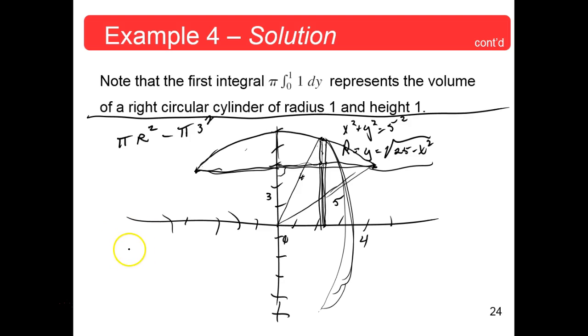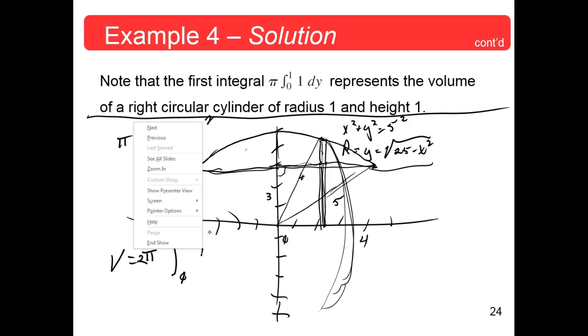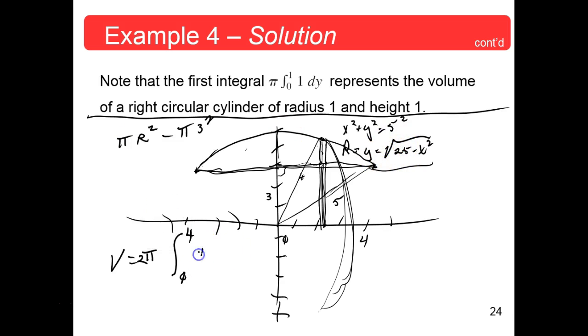So that should be our volume, okay? The volume should be pi, just like it always was, integral from 0 to 4. Oh, let's make it 2 pi because we're going to double this. Okay, 2 pi, 0 to 4. I keep wanting to write the pi again. You don't need to write the pi again. Here's your radius, and when you square that, that's going to be 25 minus x squared, minus 9.